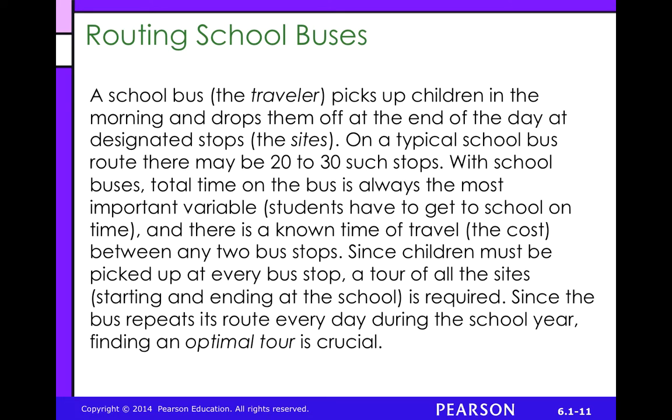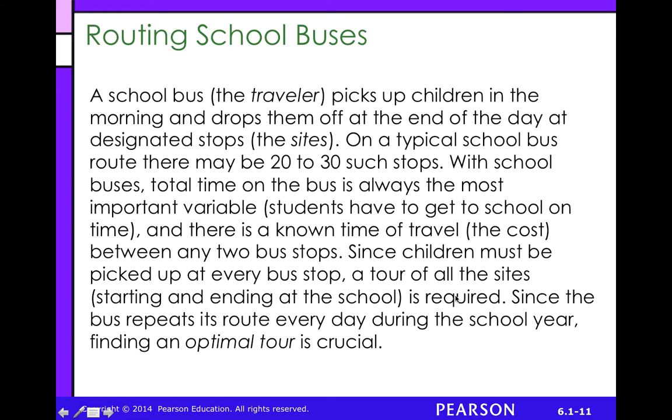So here's another example. A school bus picks up children in the morning, drops them off at the end of the day at designated stops. Each stop is a site. So on a typical school bus route, there might be 20 or 30 such stops. So in this case, your school bus is your traveler, and the stops are the sites. And what you want to do is minimize, let's see. It doesn't tell you what you want to minimize. Oh, time of travel. Okay, so now we're thinking of time as a cost.